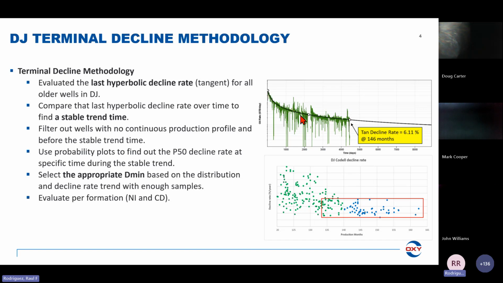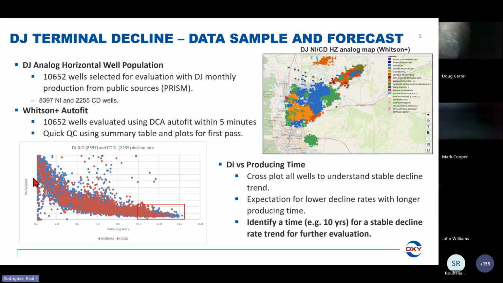So the decline rate is like a normalization assumption to make sure we can compare wells independently of whether they were drilled a long time ago or just recently. So that's the main assumption here. But that's a good comment. Does that answer the question? That's good. Yes, thank you.